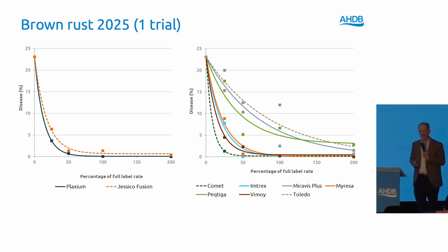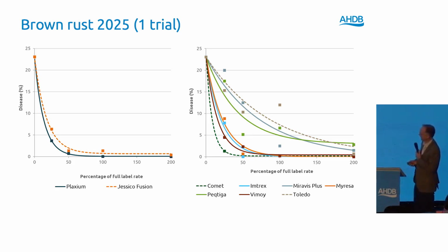It would have been in that area, not quite as sharp as Comet perhaps, but at the full half-label rate it would have done as much. So why is Toledo up there? We need to be careful not to draw too many conclusions from one individual trial, because any individual trial can throw a curveball at you. But yeah, it does sort of beg the question as to whether the EC and SC formulations may affect the activity of tebuconazole.